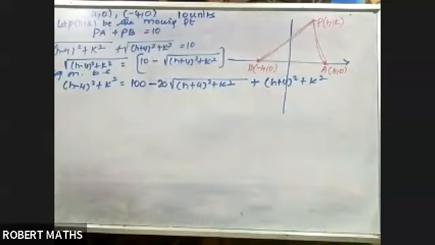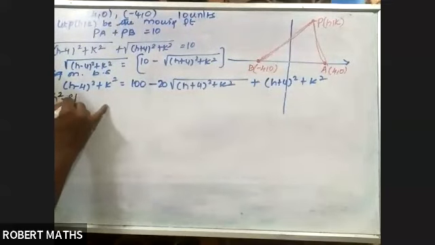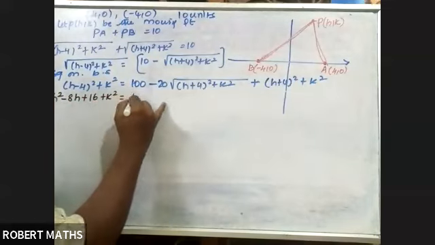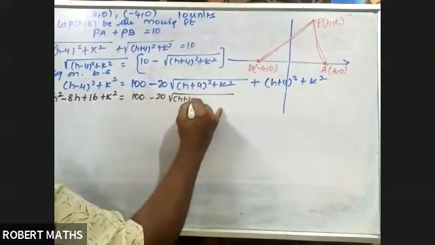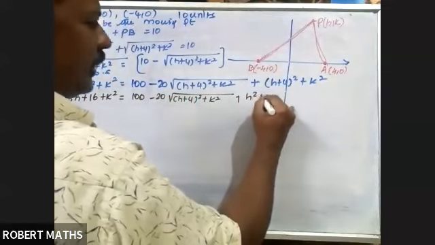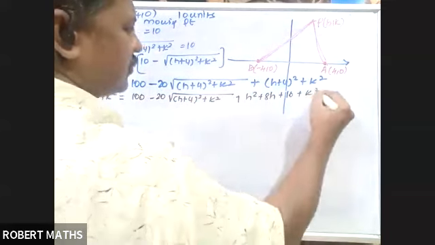Now simplify this. We'll get h square minus 8h plus 16 plus k square, which is equal to 100 minus 20 into square root of h plus 4 the whole square plus k square, plus h square plus 8h plus 16 plus k square.